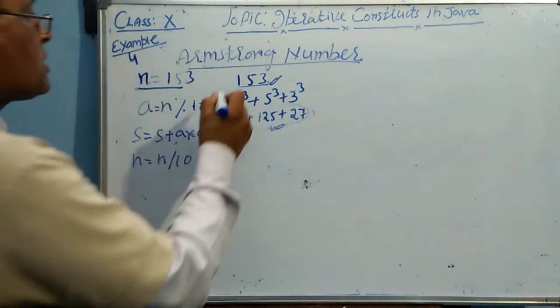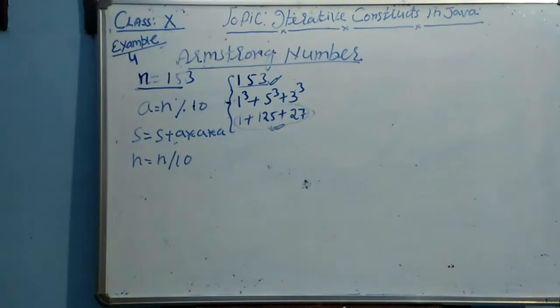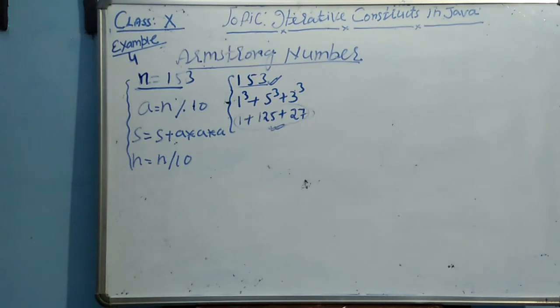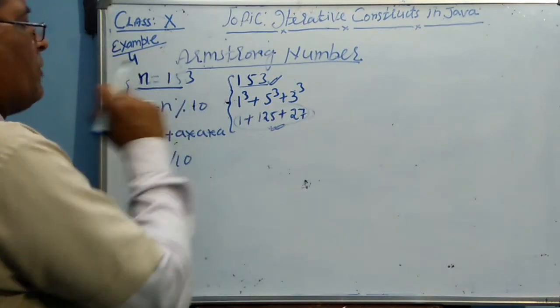So for this calculation we have to use this type of logic inside the program. How will it work inside the computer? First, the n value given is 153.